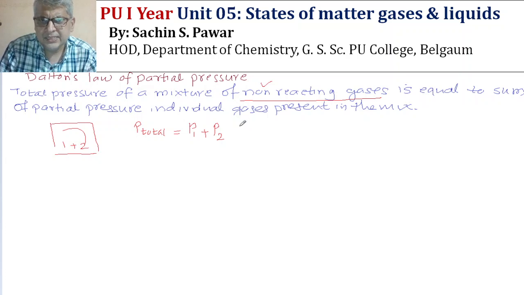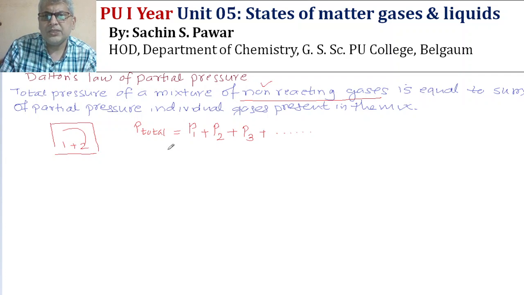If there are many gases, then I can go on writing the total pressure is the sum of the partial pressures of the individual gases. This is the statement of Dalton's law of partial pressure.